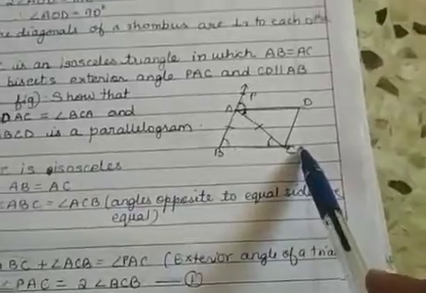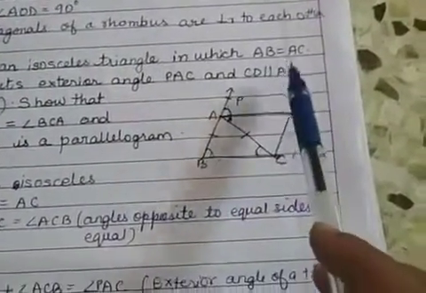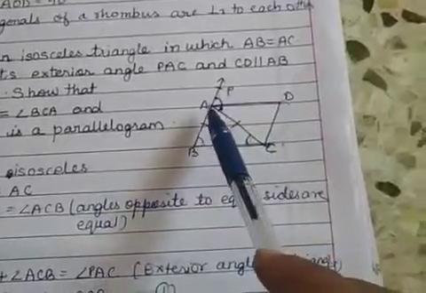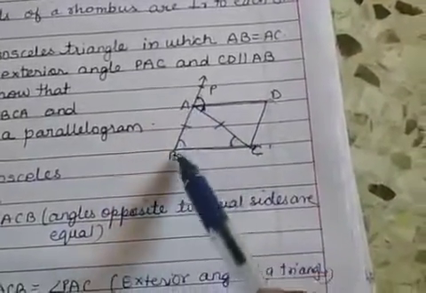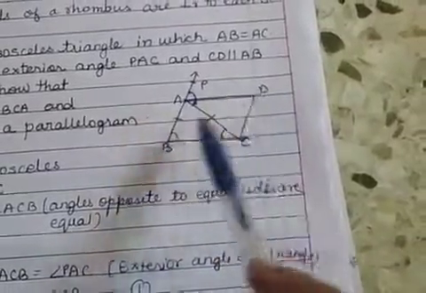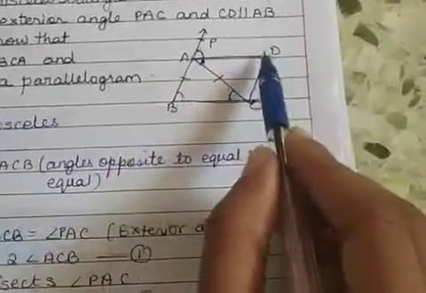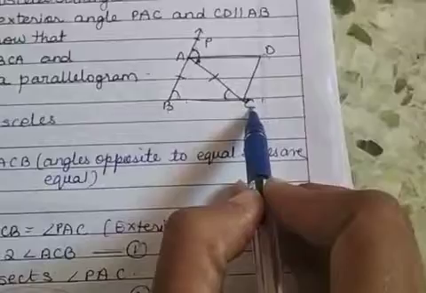But one of the conditions is already given to us, that AB is parallel to CD. Now we have to show that AD is parallel to BC.